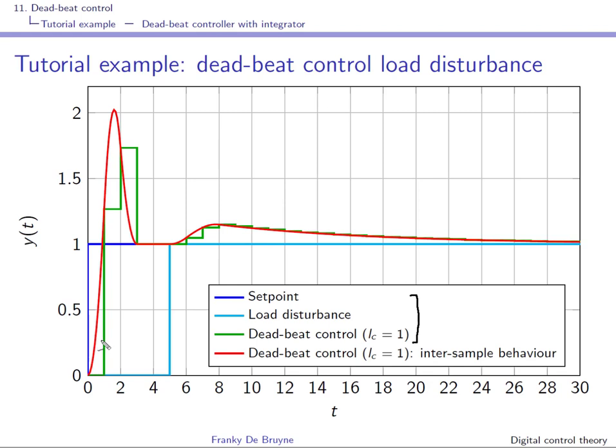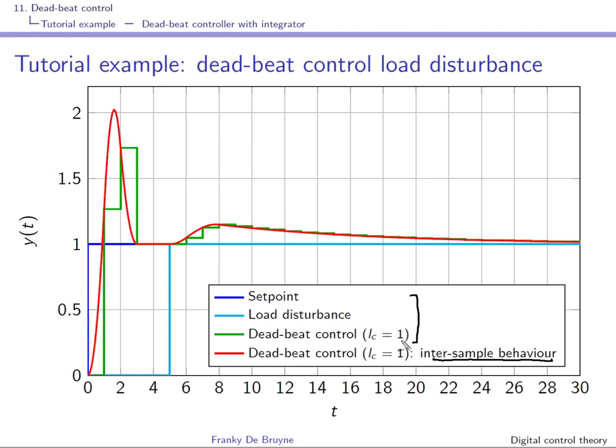The red curve, the intersample behavior, is of course coming from a Simulink simulation. Here you see the set point closed loop step response, and the system settles after 3 samples, and after 5 seconds, so 5 sampling instances, we apply a step-like load disturbance.